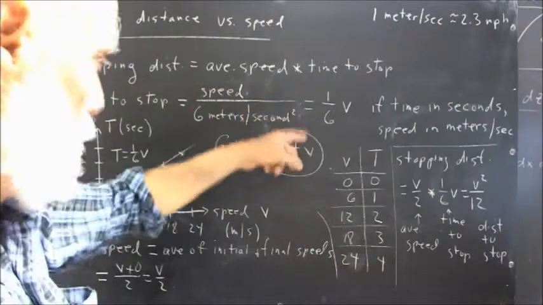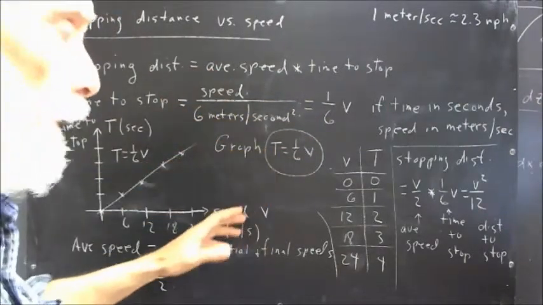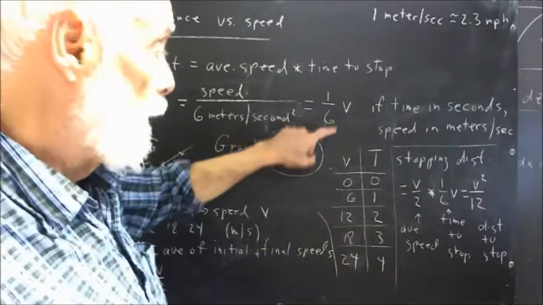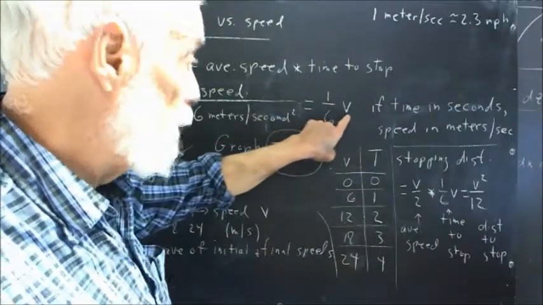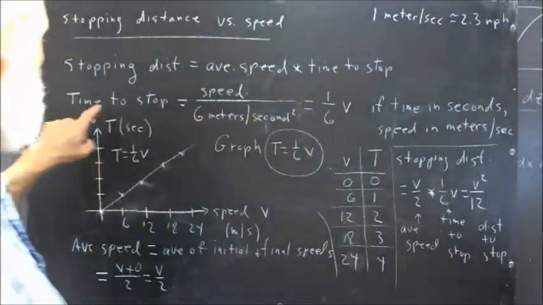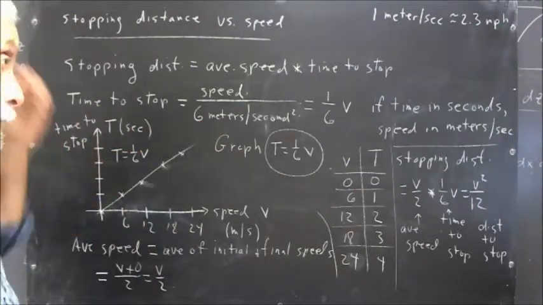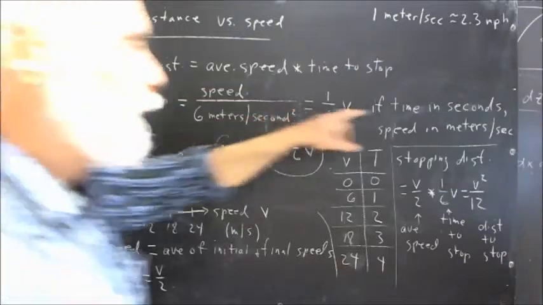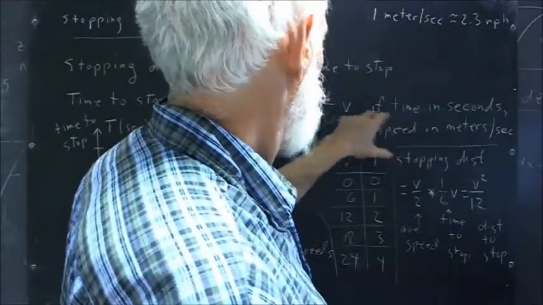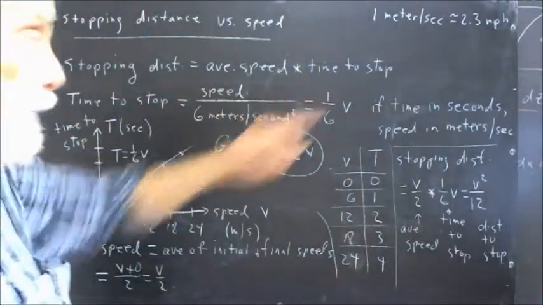I'm going to suppress the analysis of the units, although that goes against my nature, and just say, okay, we have this formula for the time to stop. It's going to be 1/6 v, where v is the speed, and the time to stop will be t in seconds, and we'll use a capital T for the time to stop. So if the time's in seconds and the speed's in meters per second, this speed in meters per second will give you the time to stop in seconds.